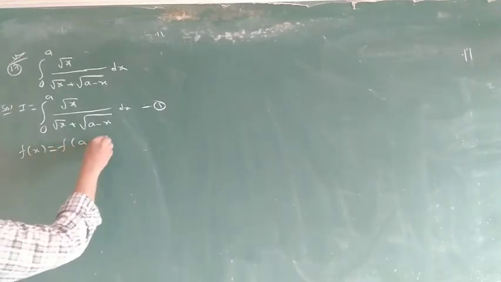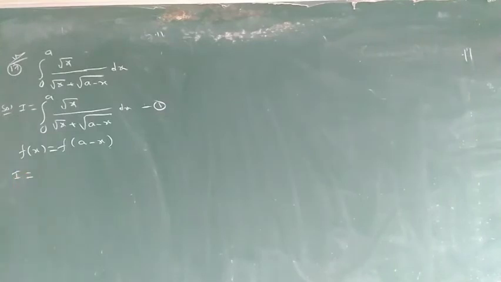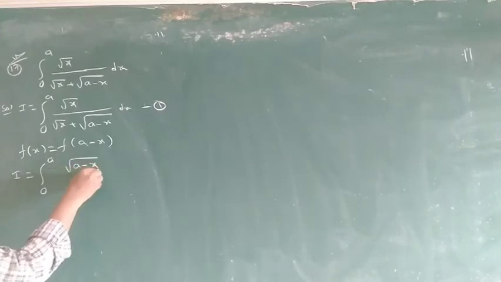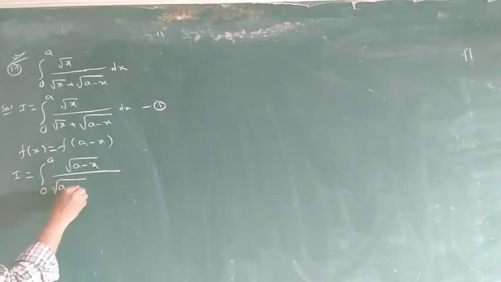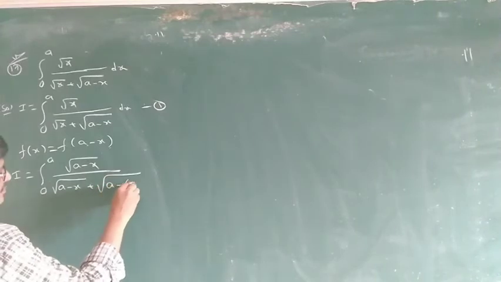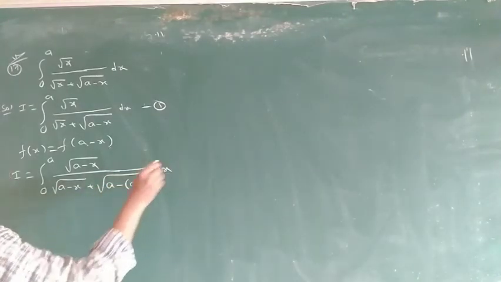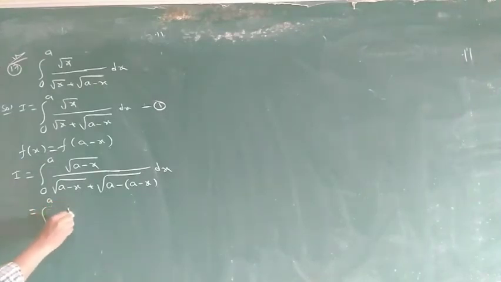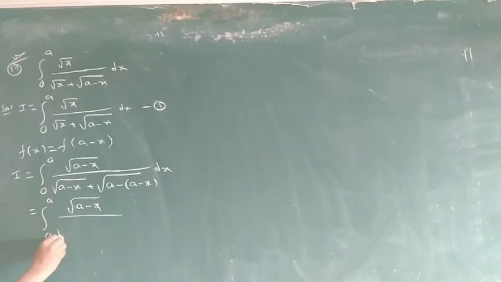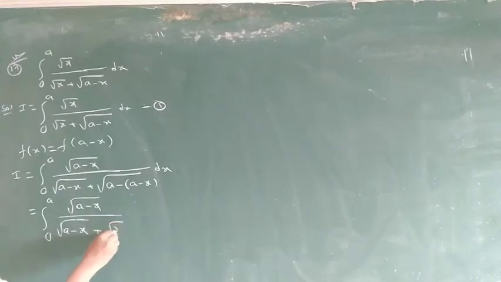So equation 1 becomes the integral from 0 to a, where x is replaced by a minus x: root of a minus x by root of a minus x plus root of a minus of a minus x, which is root x, dx.